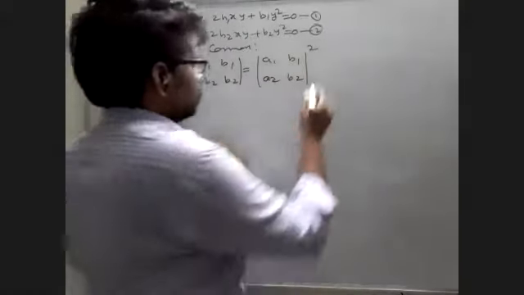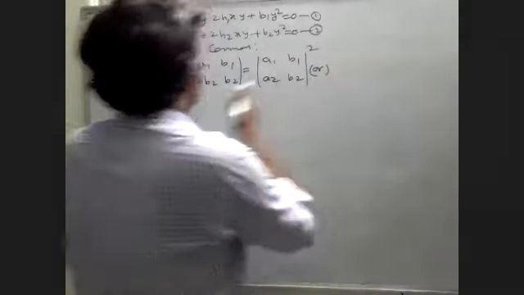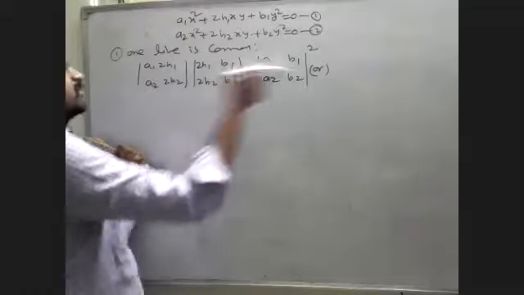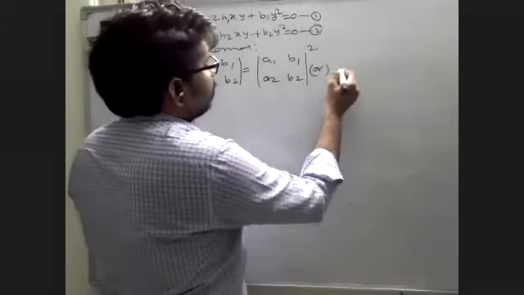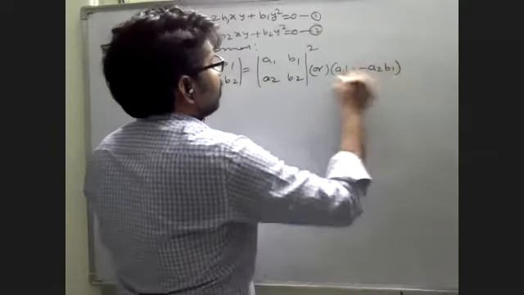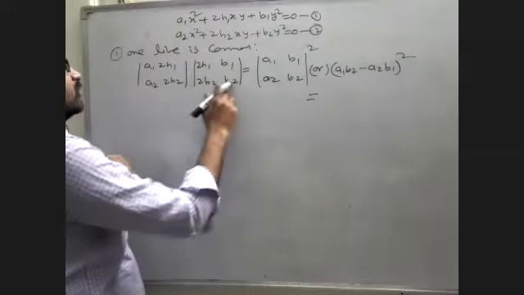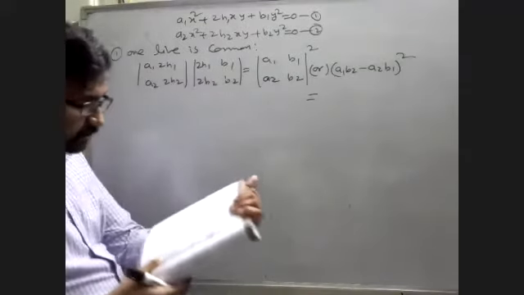Or one more also there, one of these two you can remember. Simple, one more is what? This into this, that only. (A1B2 minus A2B1) whole square is equal to this into this minus this into this into this into this minus this into this. That's only I think, right?